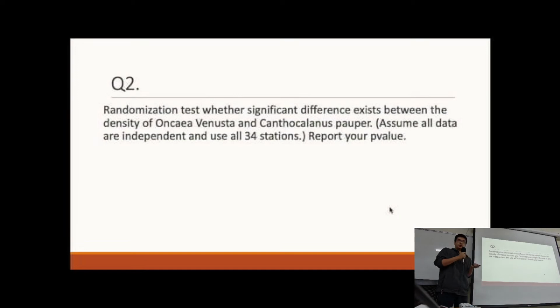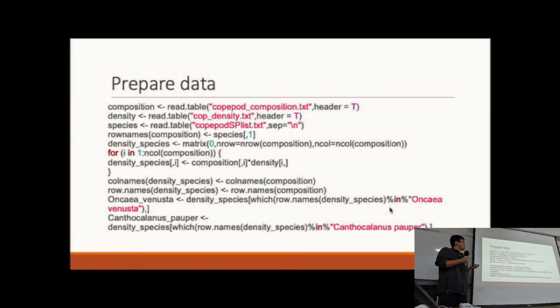And question two asks us to use the randomization test to test whether a significant difference exists between the density of these two species of copepod. I also import the data sets just like the previous work.